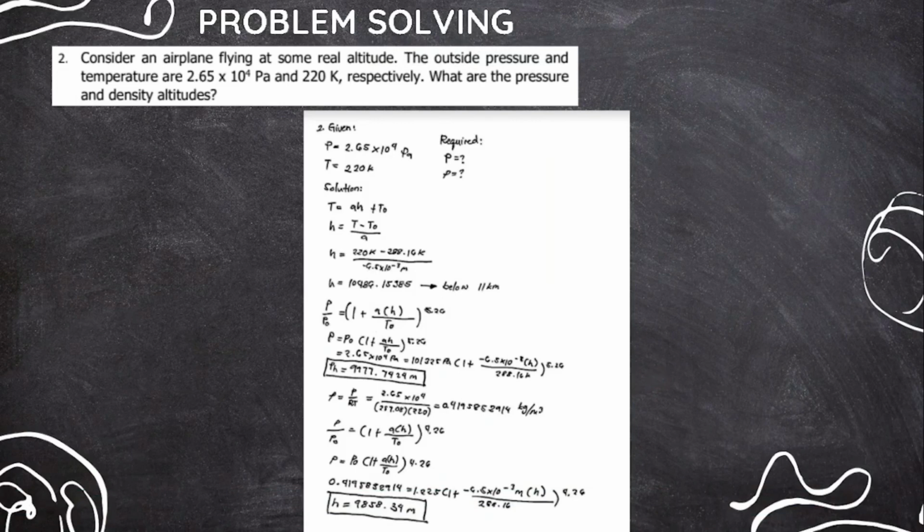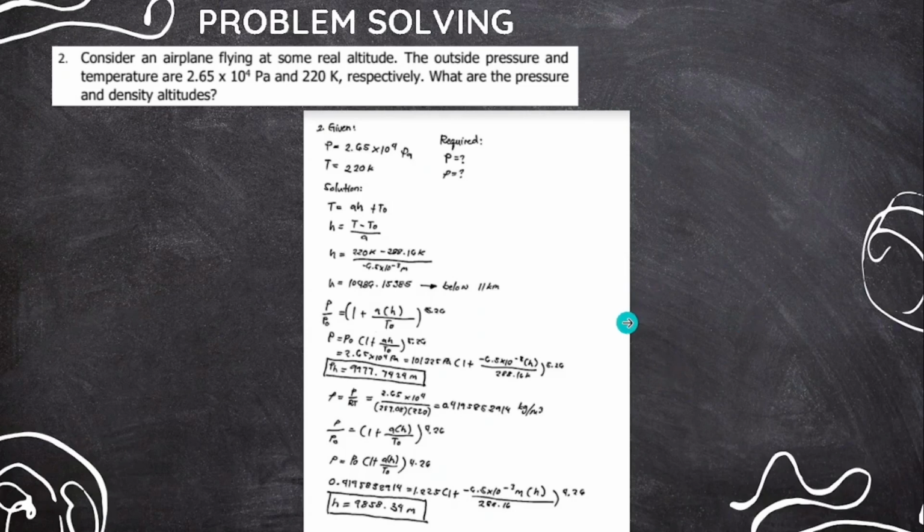We have a formula: H is equal to the temperature minus the original temperature, over the lapse rate. So H is equal to 220 Kelvin minus 288.16 Kelvin, divided by negative 6.5 times 10 raised to negative 3. So we have a height of 10,486.15385 meters, which is below 11 kilometers. So it means it is in the gradient region.